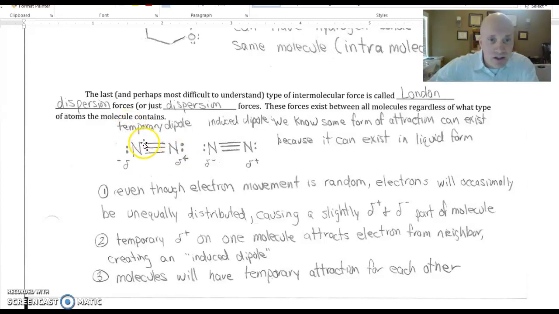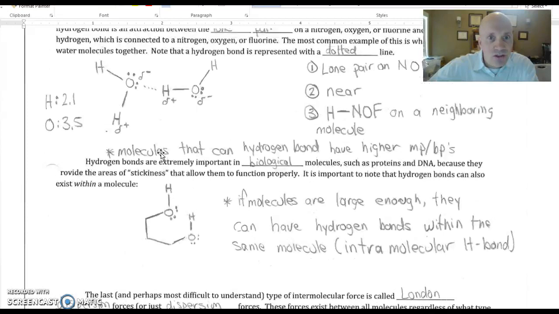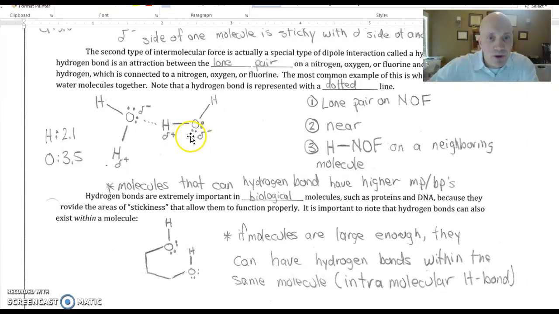All right, we call that condition a temporary dipole. So even though I've drawn a delta negative and a delta positive down here, keep in mind this is a very temporary situation. All right, in the situations above, when we drew delta positives and delta negatives with a polar bond, remember that these things would be permanent situations within those molecules.